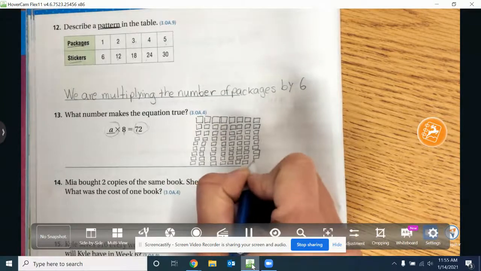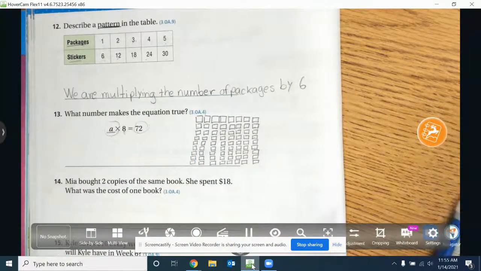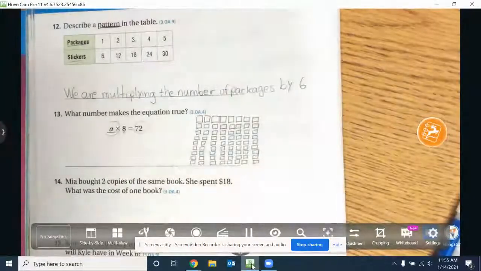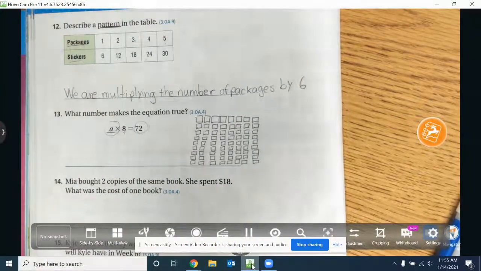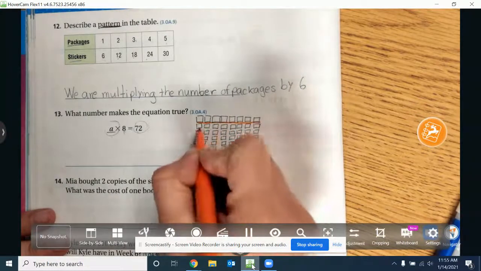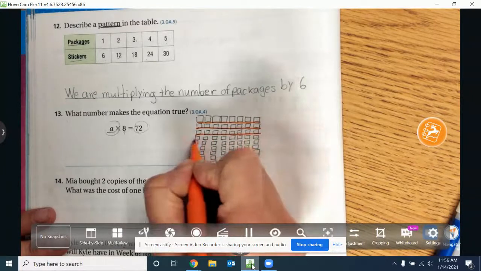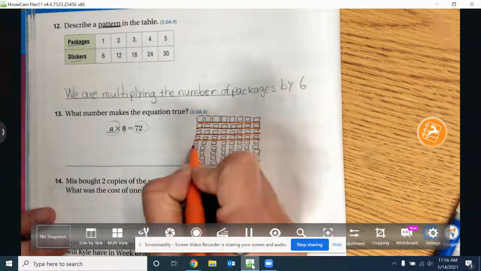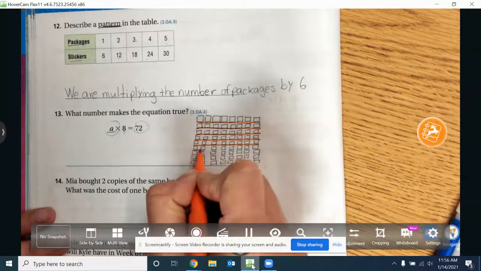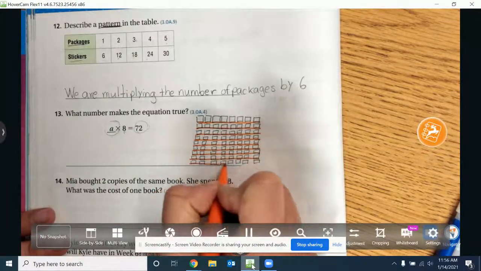70, 71, 72. Now, we can count how many rows of 8s we made. We made 1, 2, 3, 4, 5, 6, 7, 8, 9.